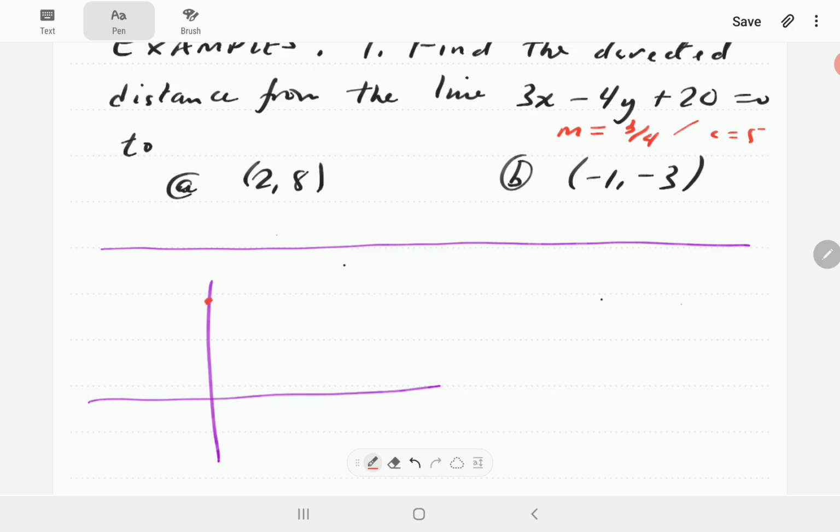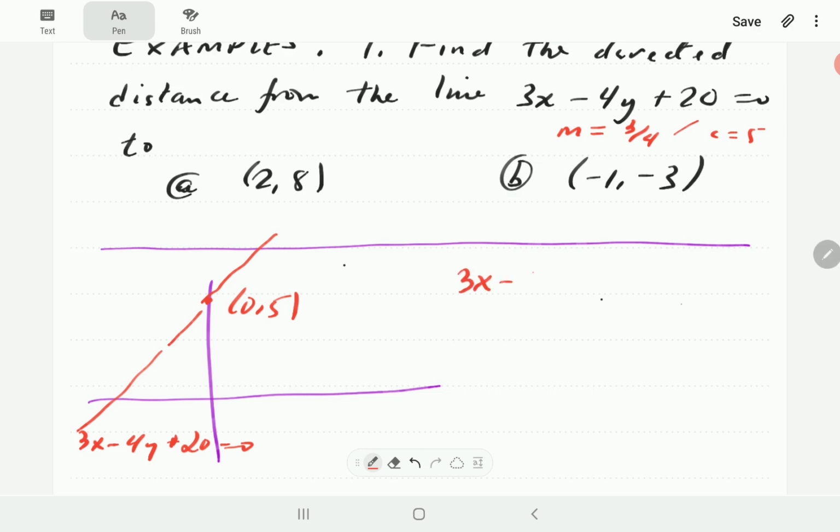So that means this line is going to go something like this. This is (0, 5). So of course this is in general form, so we're going to cast this in normal form.